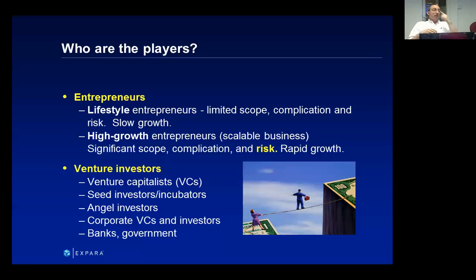Meaning, let's say you got some angel investment and then the seed stage VC came in, they're almost never going to want to buy out the angels because there won't be enough money to go around. Let's say the angel investors put in 150,000 and the new investors are coming in for 500,000. They're not going to want to go out for 150 because they want to make some return.